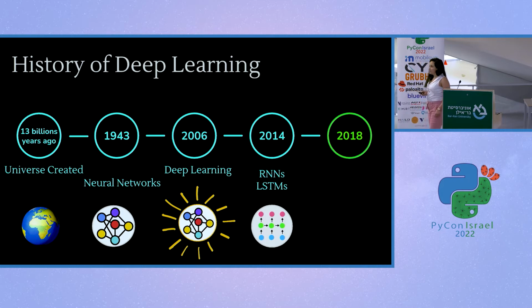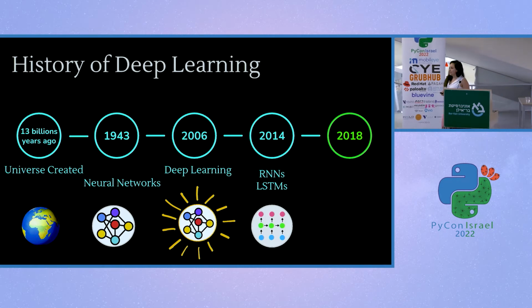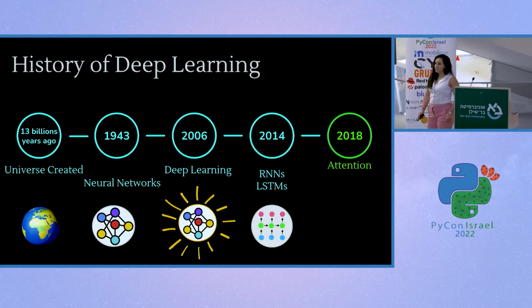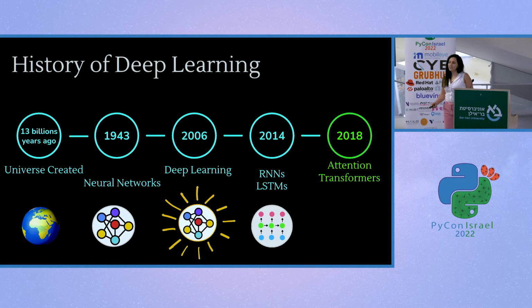And then came 2018, and this was the year of NLP. A lot of interesting breakthroughs in the ability to understand language. We have the attention mechanism, we have transformers that are basically attention on steroids, and Google's BERT was released.